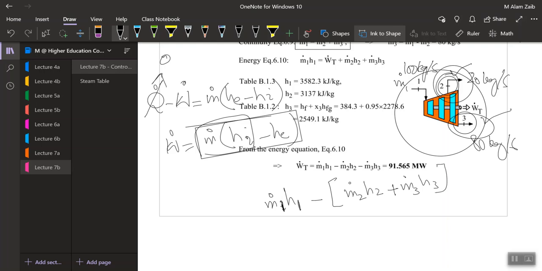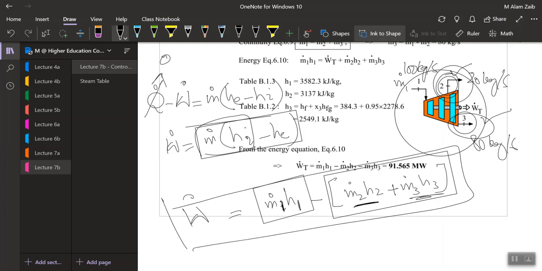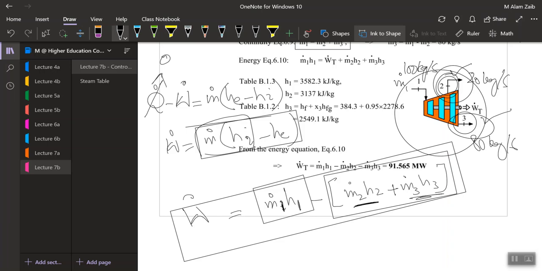That means we have the inlet enthalpy minus the exit enthalpy, but in the exit we have both m2 and m3. So W dot would be equal to this equation now, which has become a little bit simpler.